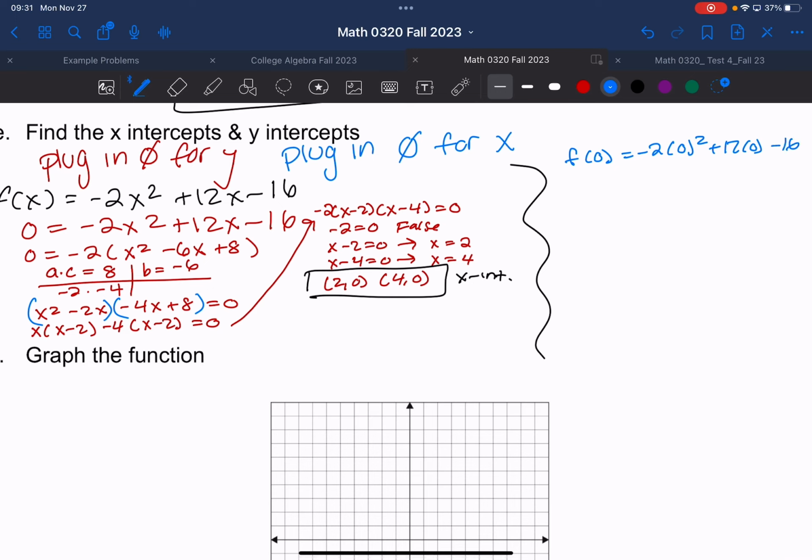What's going to happen to those first 2 terms? Cancel, because they're getting multiplied by 0. So that means I have f of 0 is equal to negative 16. And how do I write that as a point? Perfect. And this is my y-intercept.